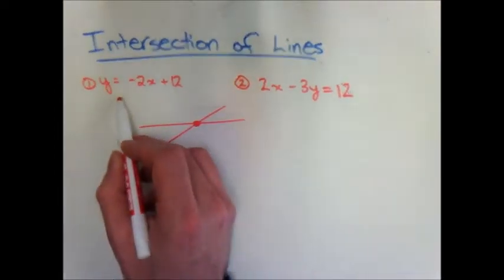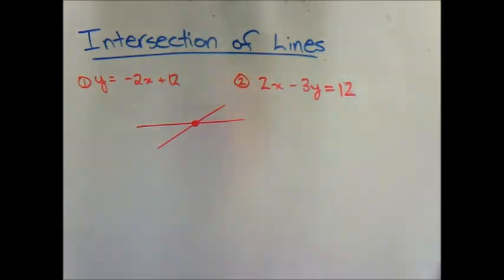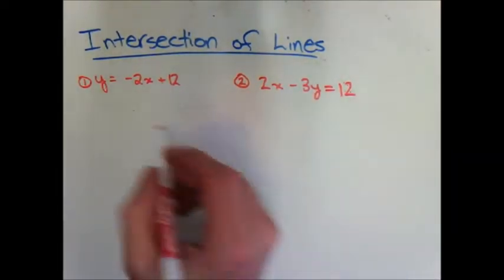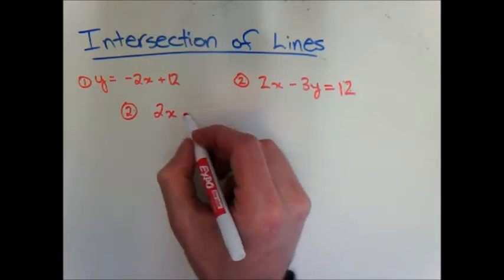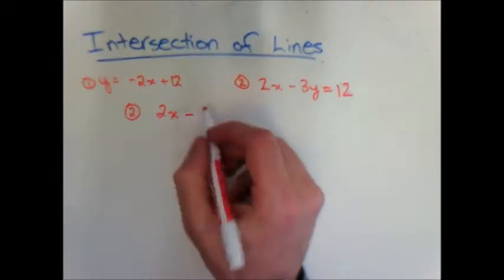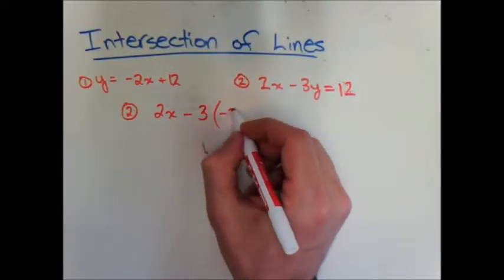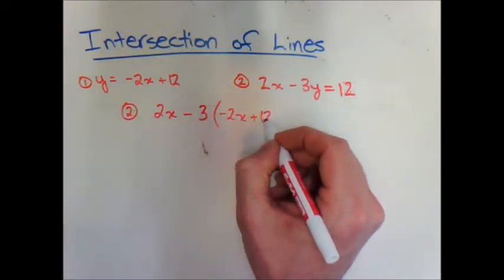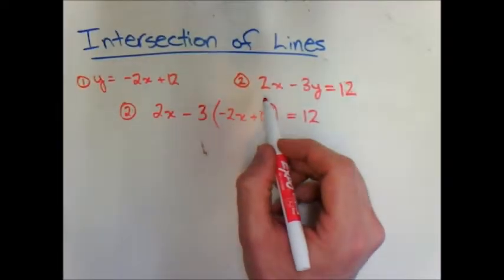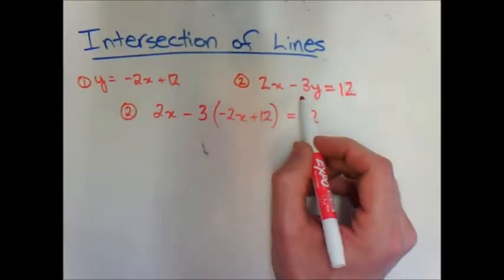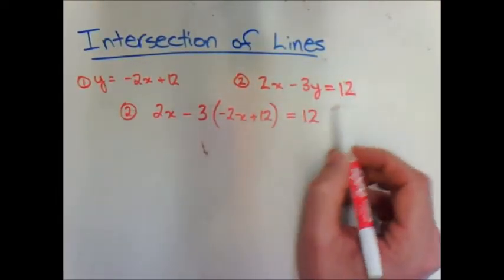So I can just sub in the information I know from equation 1 into equation 2. I'm going to rewrite equation 2, but where I see a y, I'm going to substitute that y equals negative 2x plus 12, still using all the other information from equation 2: 2x minus 3y equals 12.